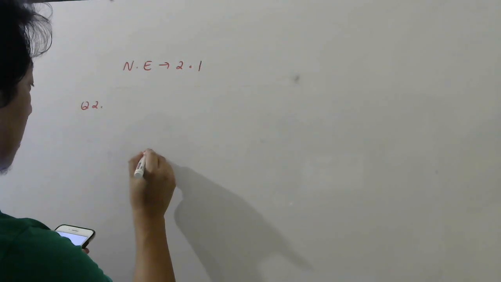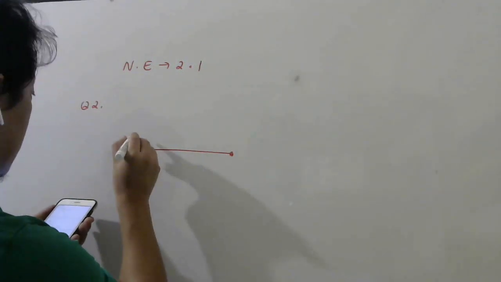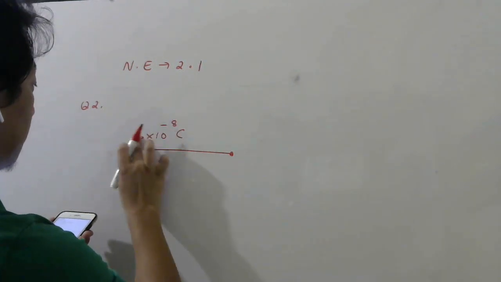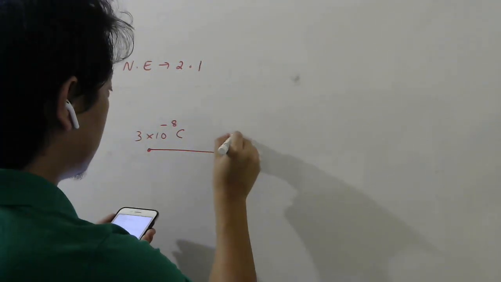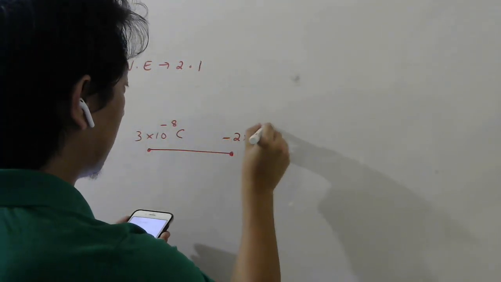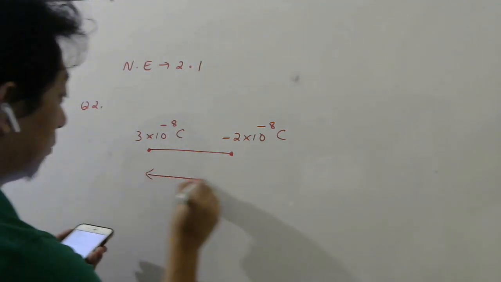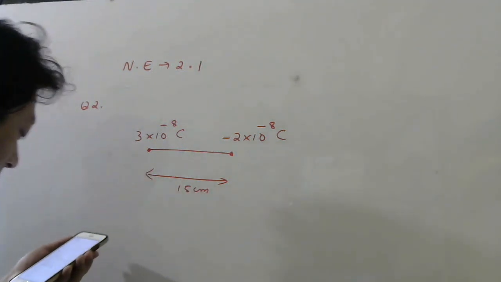So there are two charges. One is 3 into 10 power minus 8 coulomb. The other one is minus 2 into 10 power minus 8 coulomb, and the separation between them is 15 centimeter.